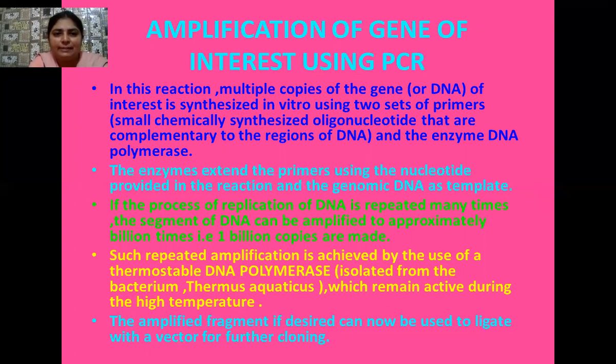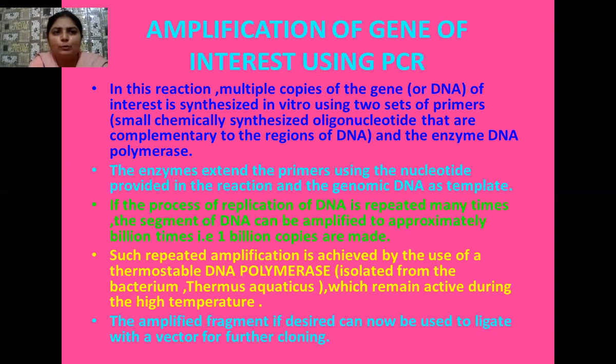All of the conditions that are present in the host organism, you have to supply in the laboratory artificially. So for this purpose, we supply the solution, two sets of ready-made primers, and these primers are small chemically synthesized oligonucleotides, and they have bases complementary to the regions of the DNA.